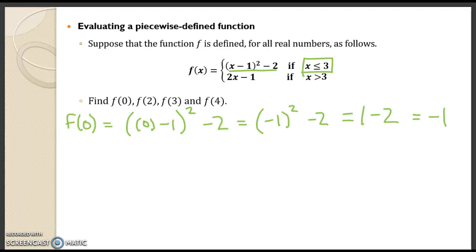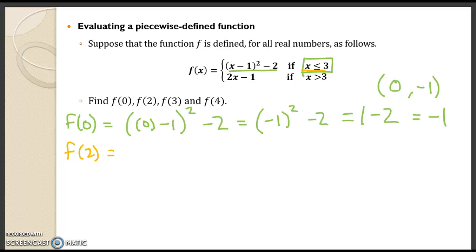This means on this function we have the point (0, -1). Okay? In the next video we'll talk about graphing these, but that's just a little introduction there. Now what about f of 2? Well, is 2 less than or equal to 3, or is 2 greater than 3?